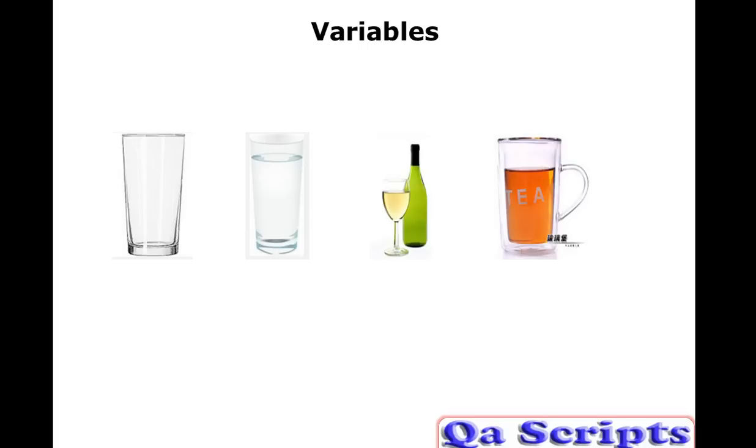Using that empty vessel, I can drink different liquids. I can fill in the liquids and use them as per my wish. So the glass is an entity or an empty vessel. This can hold different kinds of liquids.